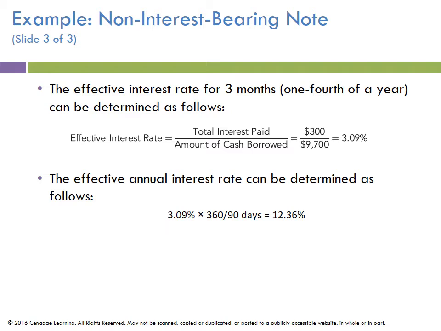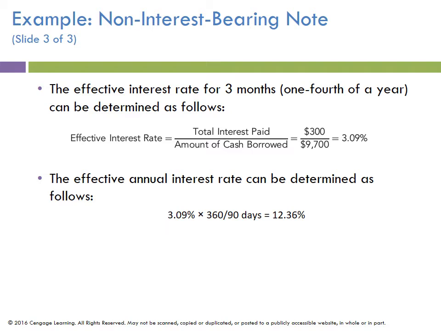The effective interest rate for 3 months, 1/4 of a year, can be determined as follows. Total interest paid divided by the amount borrowed. Not the amount paid, the amount borrowed. So they borrowed $9,700. That's the amount of cash borrowed.